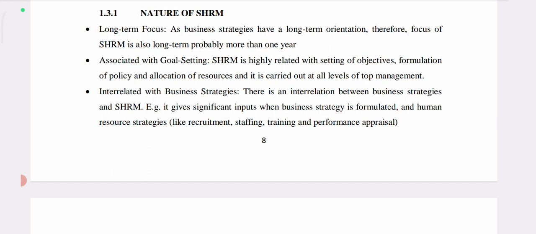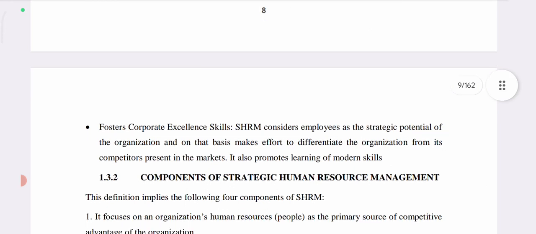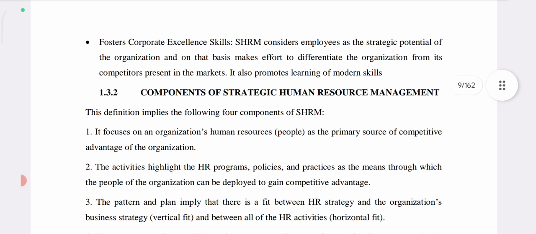Because it gives significant input when business strategy is formulated, and human resource strategies like recruiting, staffing, training and performance appraisal are done. For corporate excellence, SHRM considers employees as the strategic potential of the organization, and makes an effort to differentiate the organization from its competitors present in the market. It also promotes learning of modern skills.